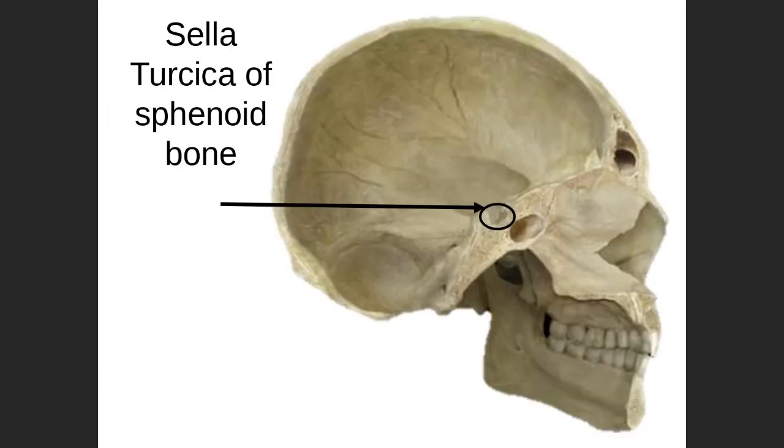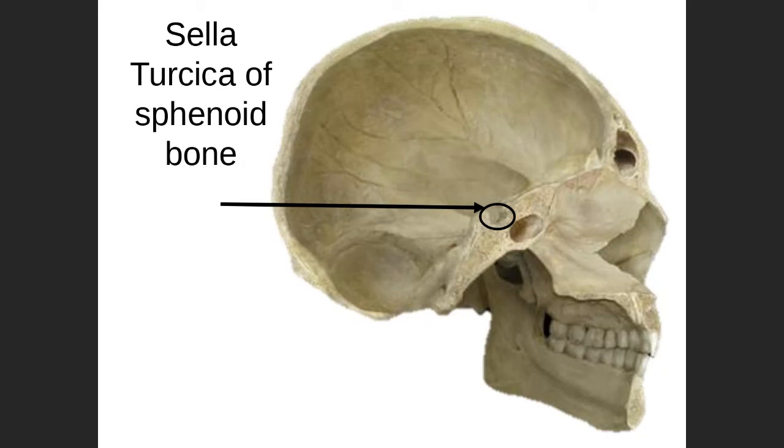We've cut the skull down the middle, and you can see that arrow is pointing at this structure in the sphenoid bone. All of this is the sphenoid bone here, here. Not all this down here, but here. In the sphenoid bone, you have this little saddle-like structure, or like a cup, and inside of this hole is where the pituitary gland sits.